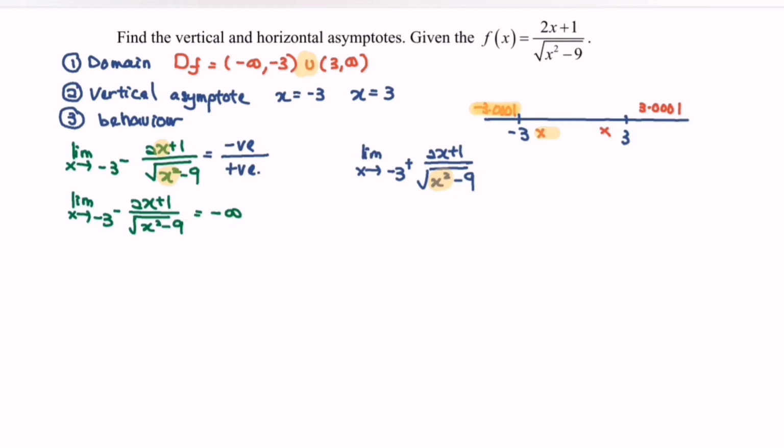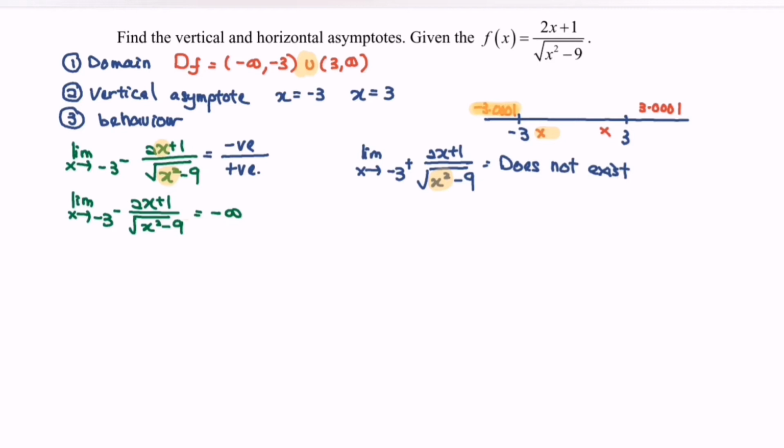A value less than 9 minus 9 gives a negative value. The value cannot be less than 0 for the case of a square root, meaning there is no value and the limit does not exist. So here we have the situation.